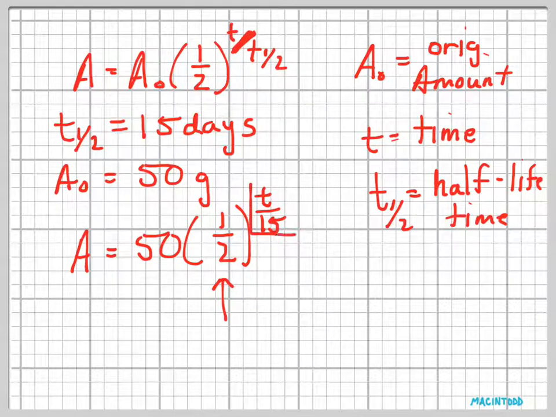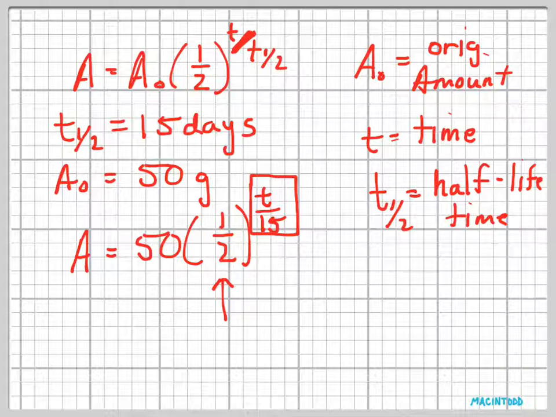And this business up here in the exponent is basically a way of counting how many half-lives we've undergone. So when t is 15, we end up with 15 over 15, which is 1. So we have 1 half-life, and half of 50 is just 25. If t is 30, we have 30 divided by 15, that's 2 half-lives. And 1/2 squared is 1/4, so we'd have 1/4 of 50, or 12.5 left over.